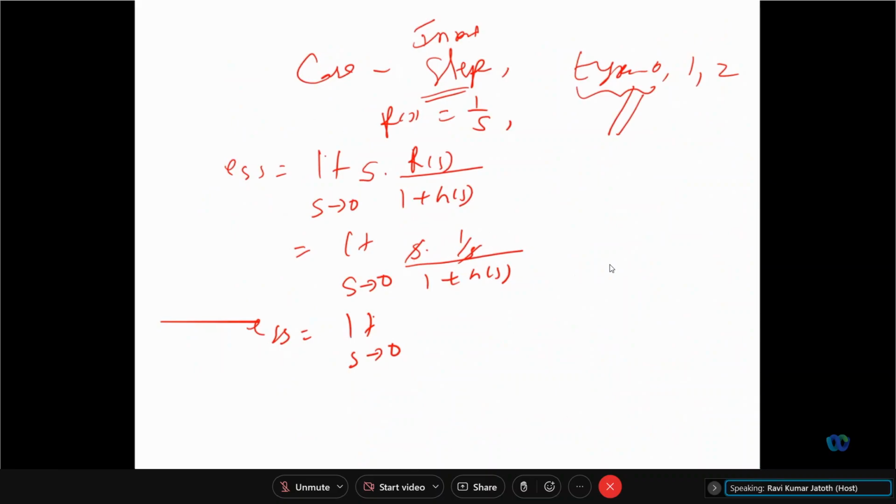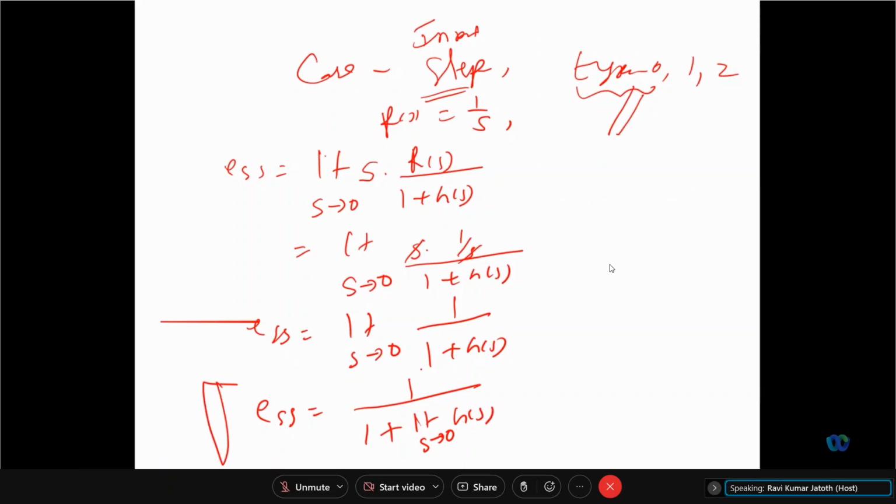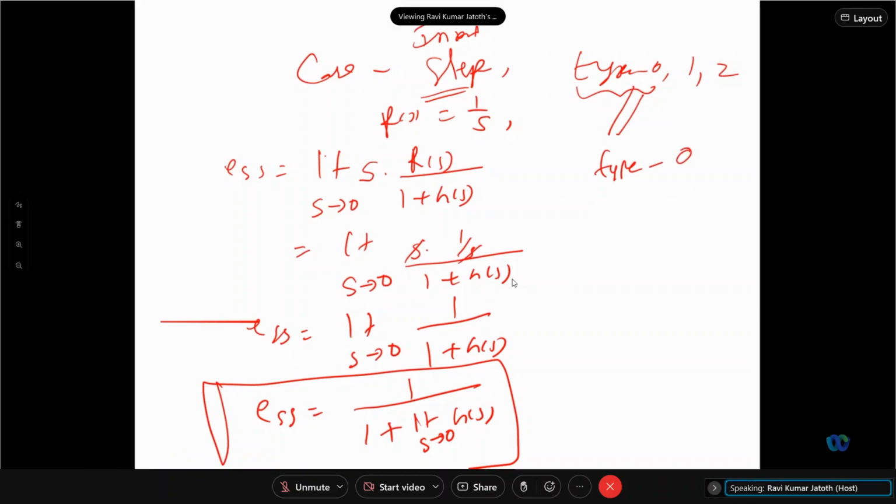So S will get cancelled. So steady state error is limit S tends to 0, 1 by 1 plus G of S. When you take it out, this is 1 by 1 plus limit S tends to 0 G of S. This is the steady state error expression. Now if G of S is a type 0 system, type 0 means there is no pole at origin.